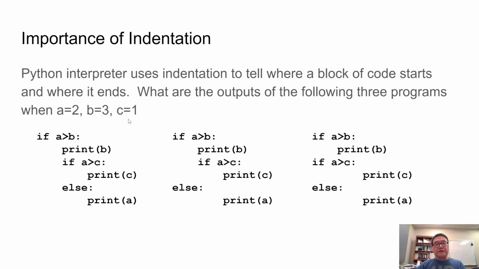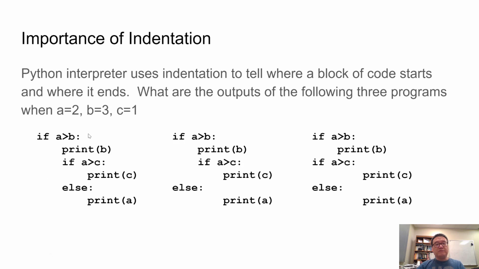To illustrate the if statement and also the importance of indentation in Python: Python uses indentation to tell where a block of code starts and where it ends. In other programming languages, for example C, C++, and Java, after you write the if statement, there will be an open curly bracket, and then an ending curly bracket, so you know which part is the if branch and which are the things that come after it.